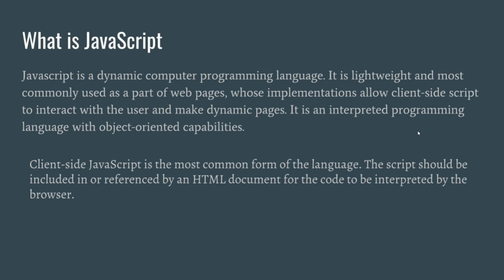The script should be included in or referenced by an HTML document for the code to be interpreted by the browser. It means that a web page need not be static HTML. It can include programs that interact with the user, control the browser, and dynamically create HTML content.